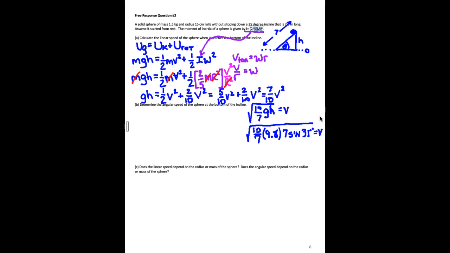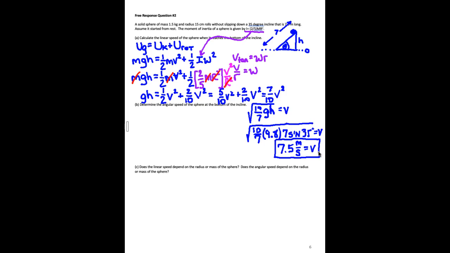So when I multiply all these things by each other, I get my final answer of 7.5 meters per second when the ball gets to the bottom. That's going to be a slower number than if I had ignored rotational kinetic energy altogether. If this was sliding without friction instead of rolling without slipping, then there would be no energy conversion into rotational kinetic energy, and my linear speed would be higher.